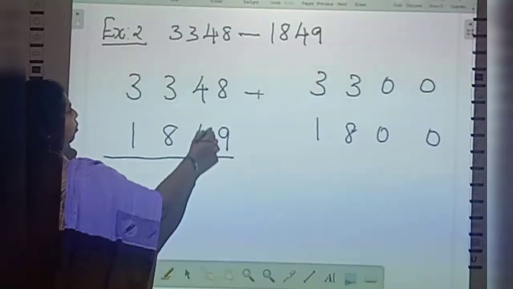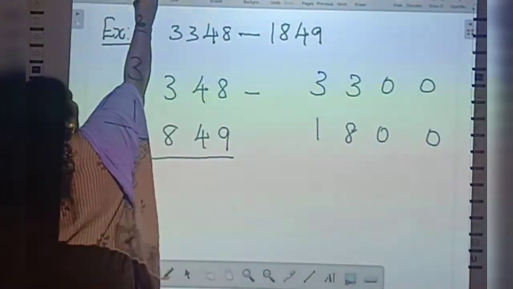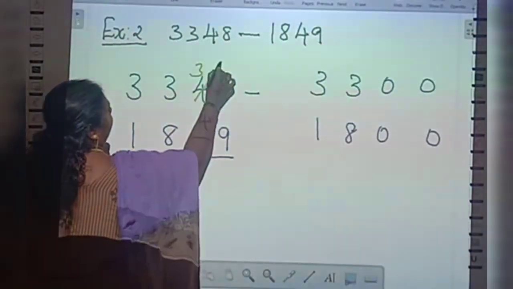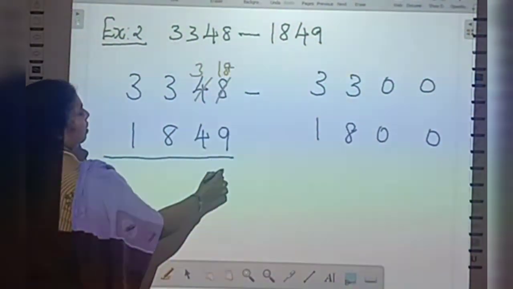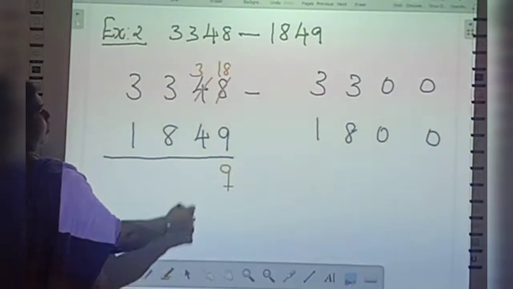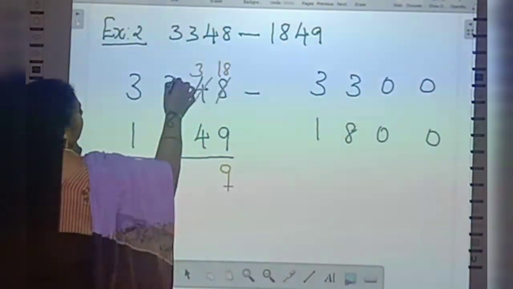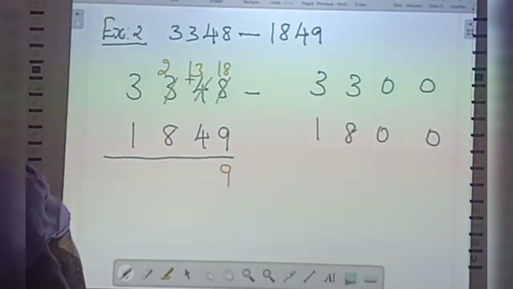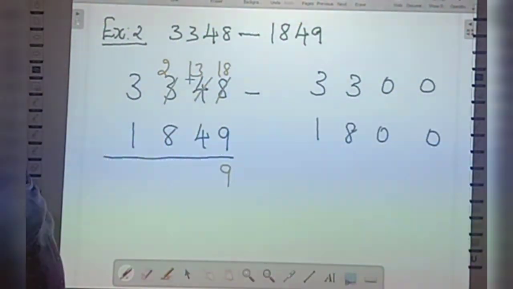8 minus 9. No, we cannot subtract. Then you have to borrow. That means here 3, here 18. 18 minus 9, 9. Then 3 minus 4. No, we cannot subtract. Then borrow. That means 2, here 13. 13 minus 4, how much? 9.